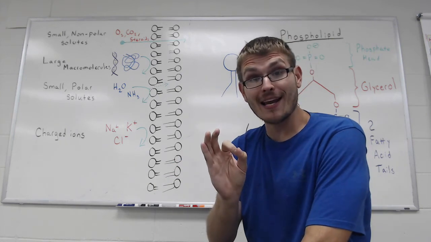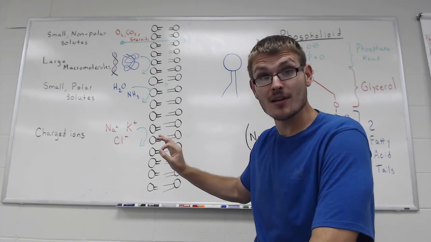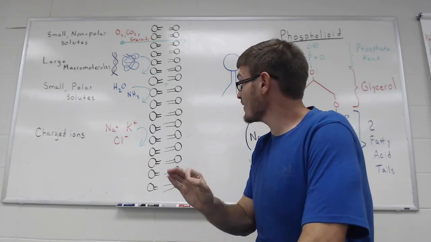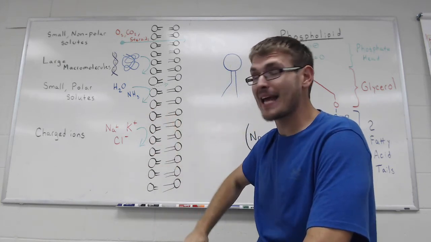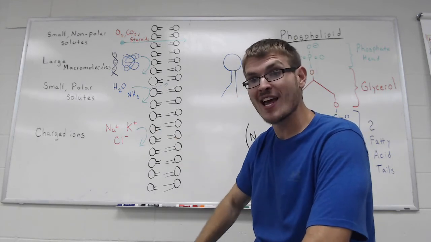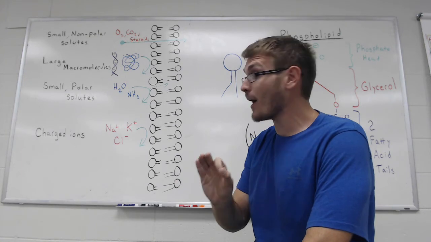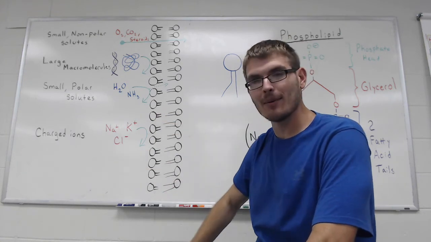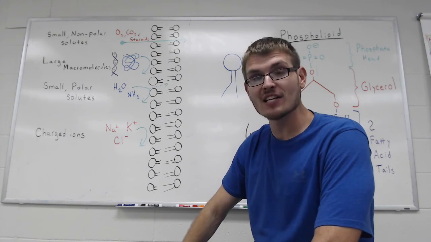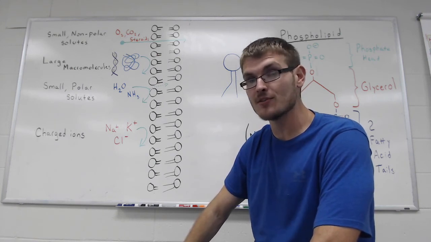The deal breaker here, and the thing that really kills them in this case, is their electrical charge. The electrical charge of these species, like sodium and potassium being positively charged, chloride being negatively charged, this is an absolute deal breaker for them, and they will not be able to get through because they will be completely repelled by the phosphate heads on those phospholipids.